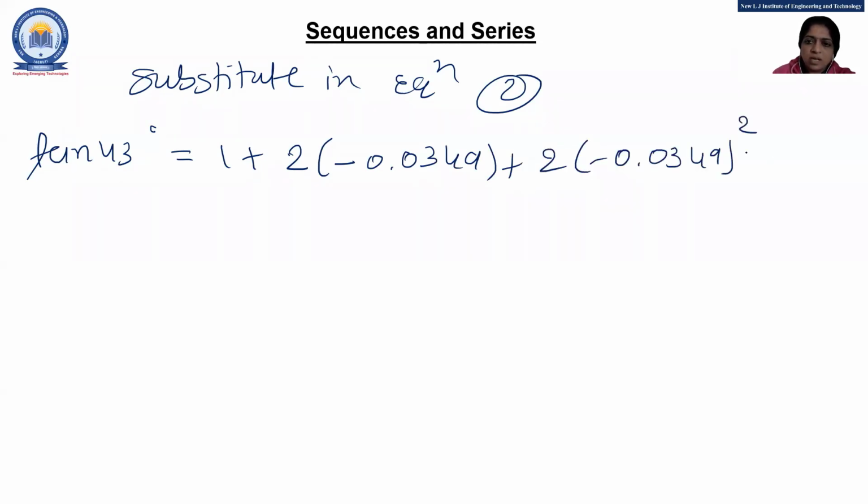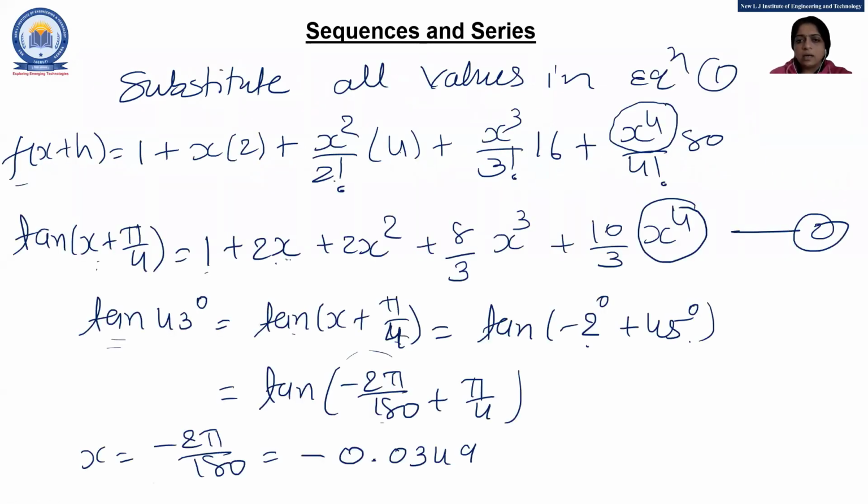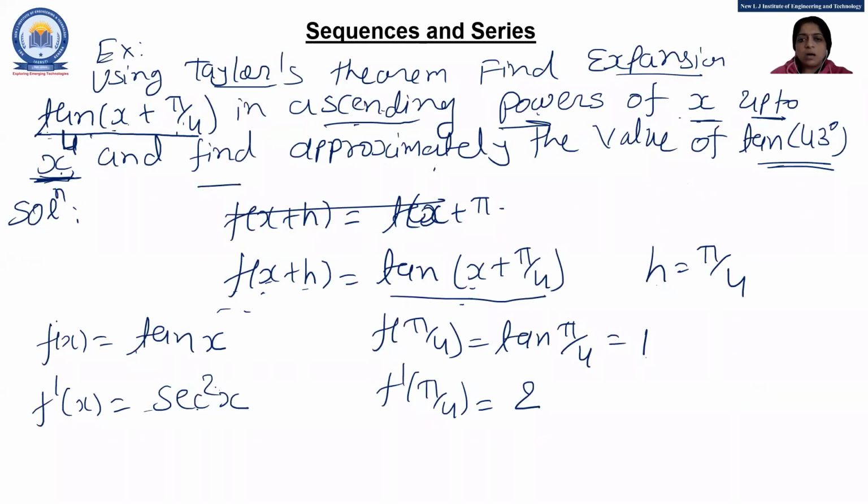Students, no need to go for the next step. It will be a very minor value, so it doesn't affect our answer. And see, they ask the ascending power up to x raised to 4 only, right? For finding this value, no need to go for the next terms.